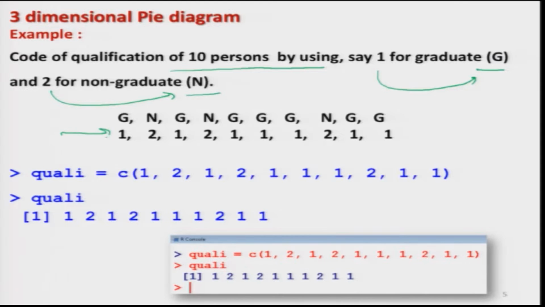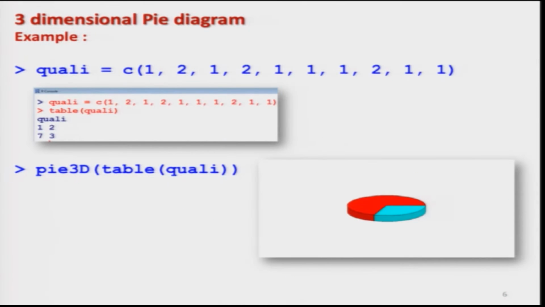We have stored this data vector in a variable named collie, consisting of the numbers 1 and 2, and we would like to create a three-dimensional pie diagram for this data.